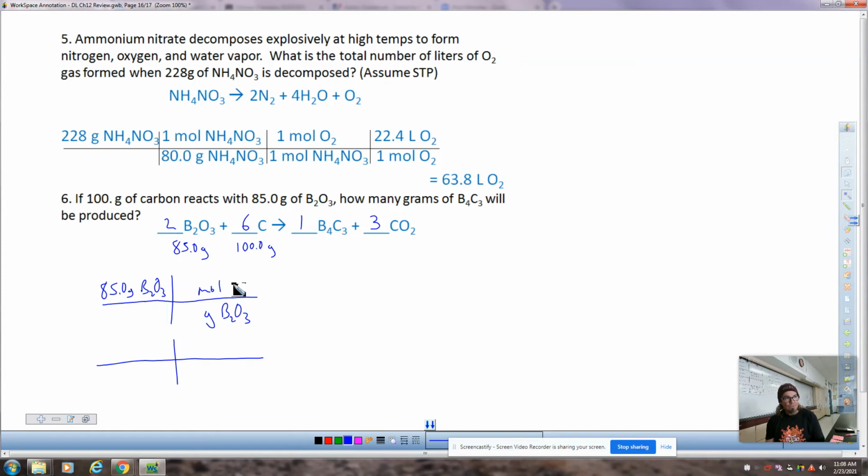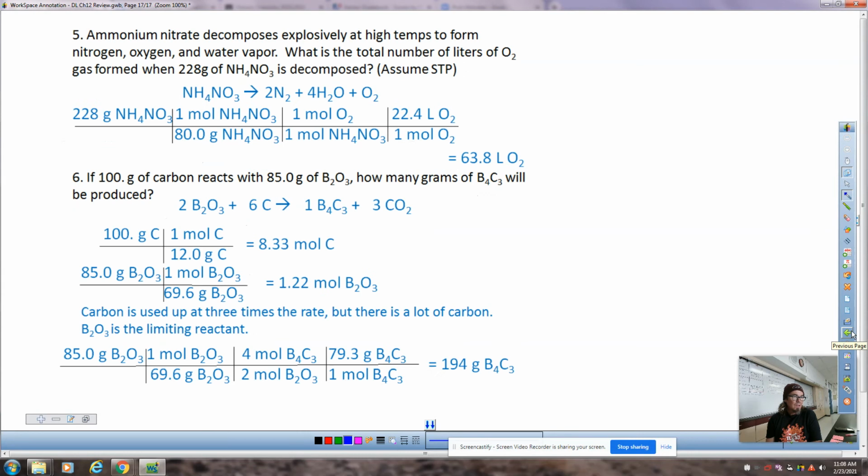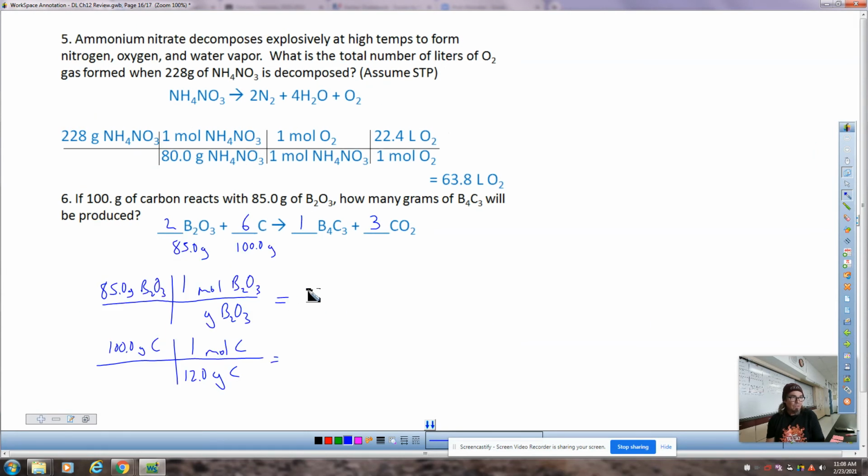I don't know if it's the only form of that substance, but diboron trioxide would certainly work. And then I need to go to my periodic table for that. Meanwhile, 100 grams of carbon, get out of grams, get into moles. That's a 12. I don't know what I have on my next slide. I have it all worked out. So let's just go back, 8.33 and 1.22.